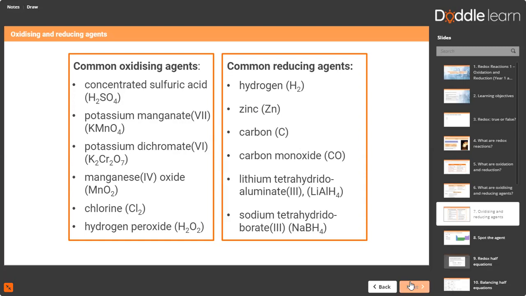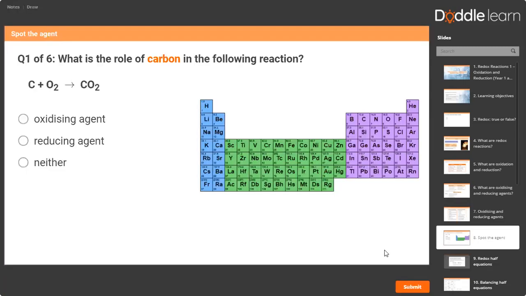So we're going to look at spot the agent now. What is the role of carbon in the following reaction? We've got carbon and oxygen, and it goes into carbon dioxide. So what is the job of carbon in this situation? Well, it's not going to be an oxidizing agent. It's not adding any oxygen to the situation.